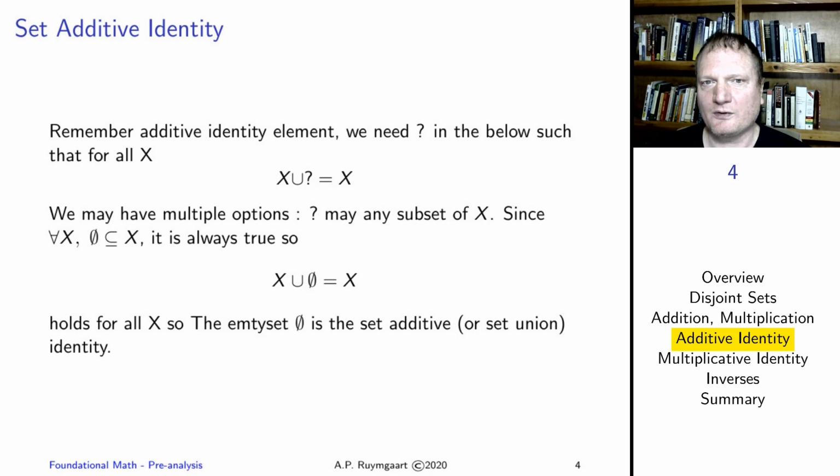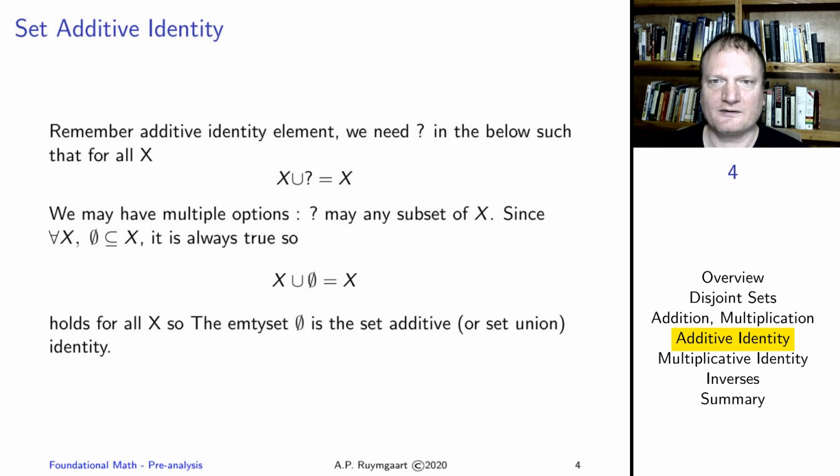Now we know that the union operation is idempotent, so we could take x itself, x union x equals x, but that same x will not hold true necessarily for another set. So is there an element for which this is always true for any set?